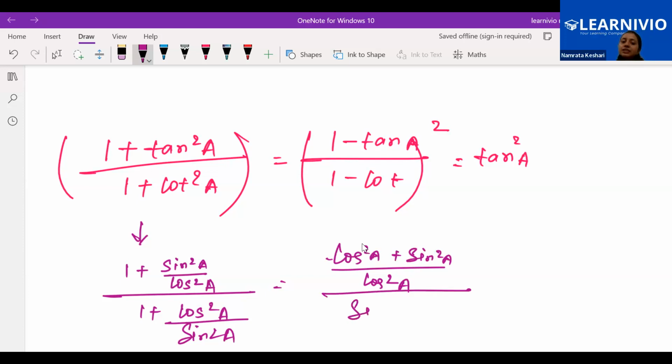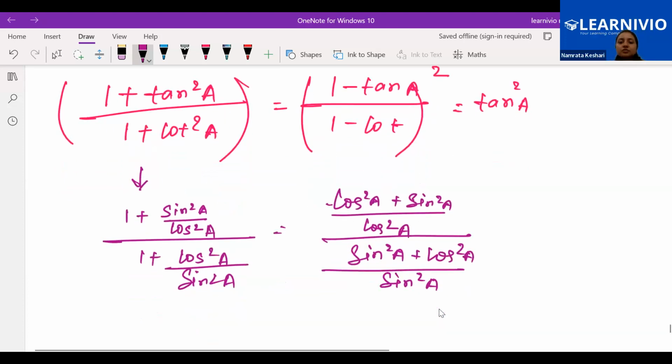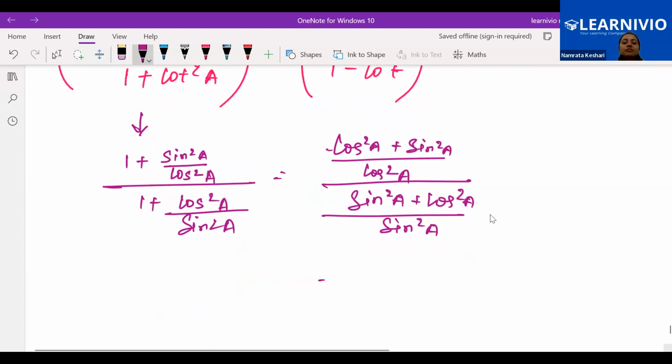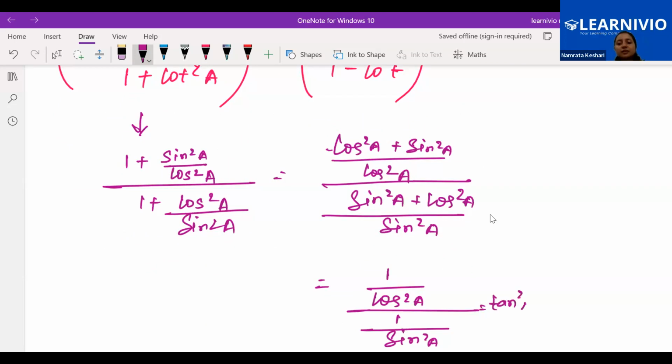Here we'll be having sin square A plus cos square A, which is nothing but just 1. So we will be having 1 by cos square A and here 1 by sin square A. That means nothing but just tan square A. Yes or no?